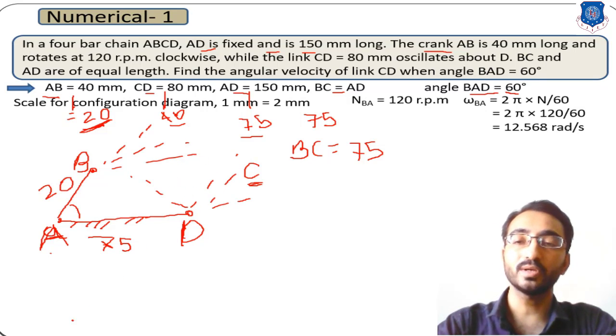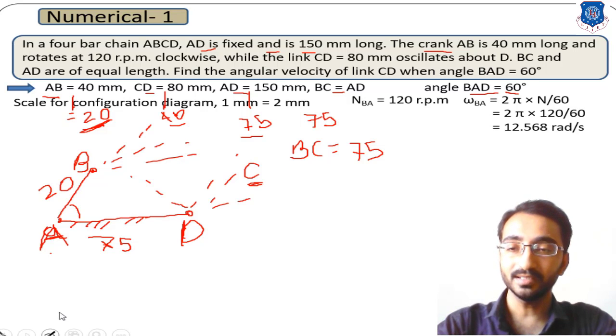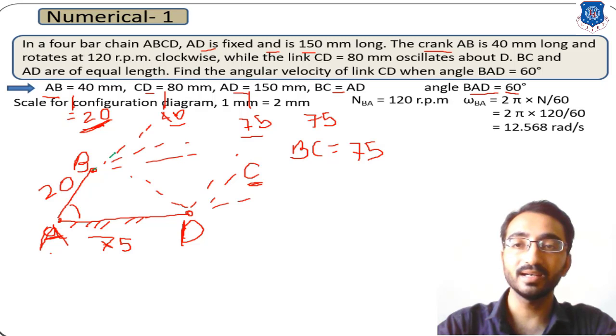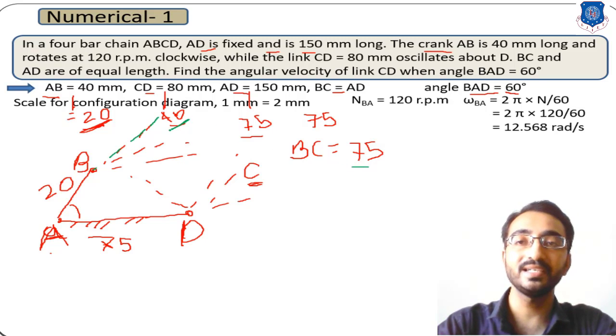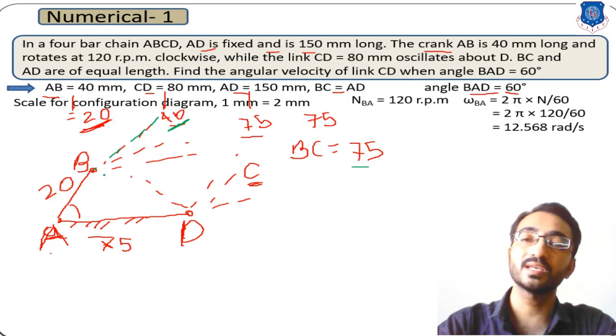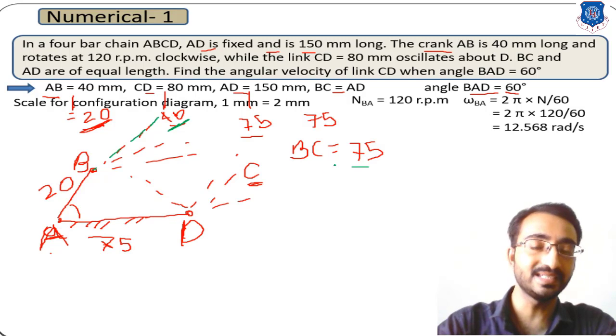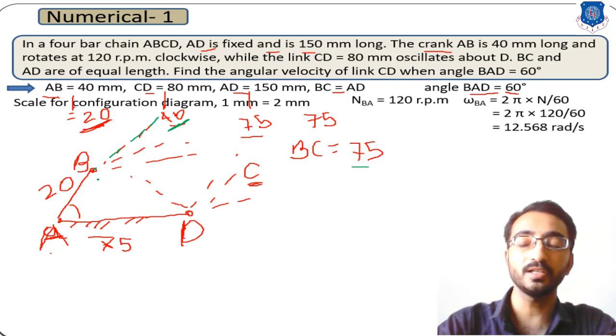So you can conclude that if you want to sketch this arrangement, you have to make the length of BC 75 mm and the length of CD 40 mm. So how will you sketch this? You can take an arc of length BC, using a compass.